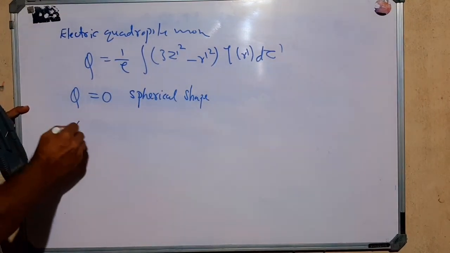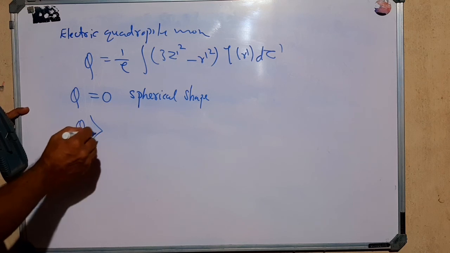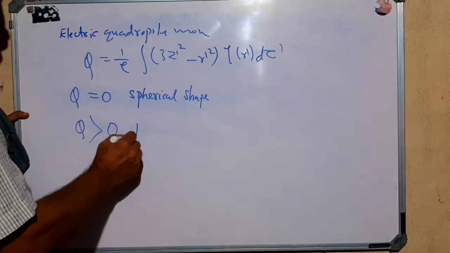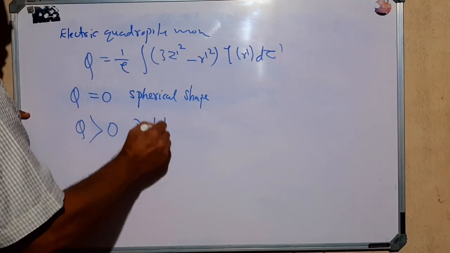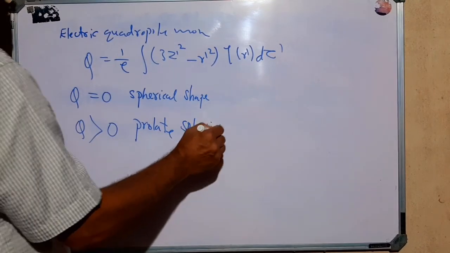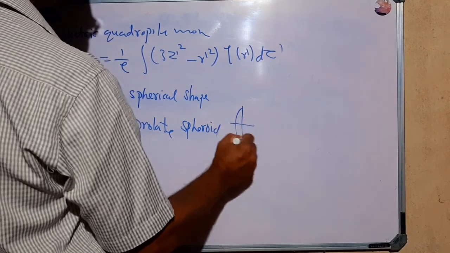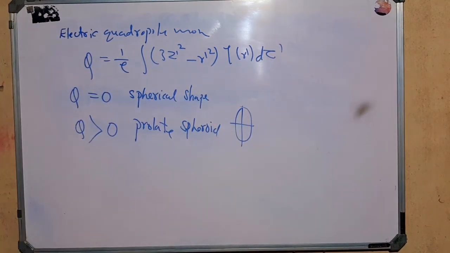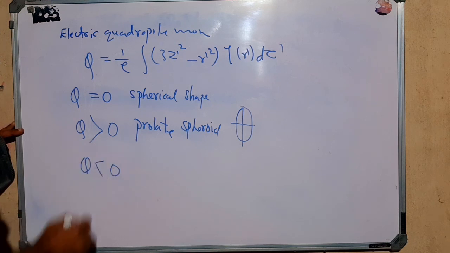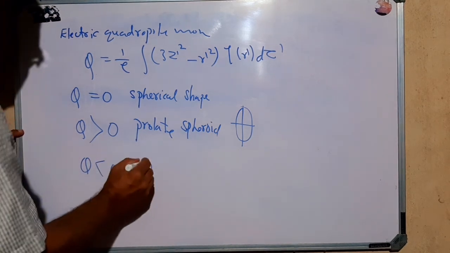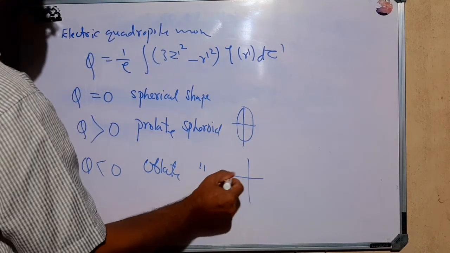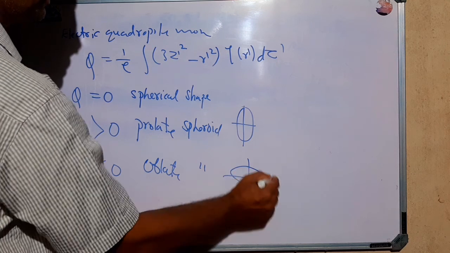If the quadrupole moment is greater than 0, positive, then it is a prolate spheroid. An ellipsoid is like this. If Q is negative, then we are observing an oblate spheroid. That is nothing but this.